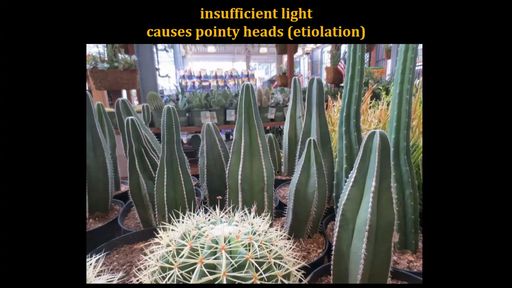You can see with this Mexican fence post, these stems should continue straight up being nice and thick. With a severe reduction in light, the growth has gotten narrower and narrower until they've developed these pointy heads. These cacti too, they're getting skinny. So this is irreversible. So we don't want to overdo it.